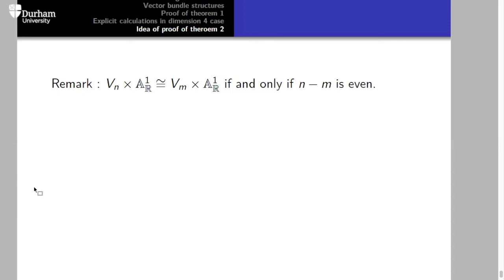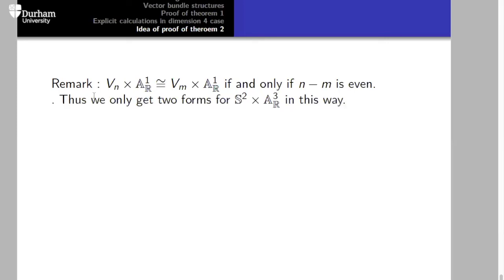Well, upping the rank isn't going to do very much, because as soon as I take Vn and Vm and I cross with an affine space of any dimension, I'm getting the total space of a vector bundle of higher rank. And therefore, I can't possibly hope to find infinitely many.